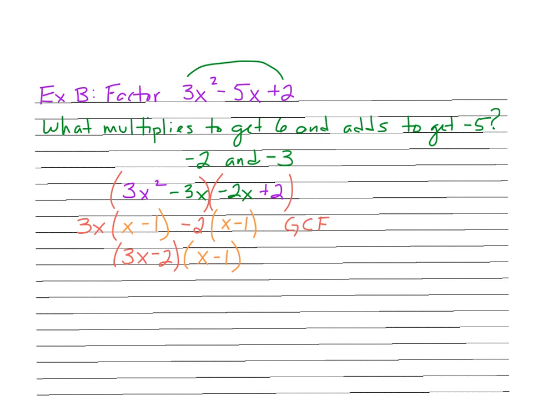Do you want to do another one together, or do you guys want to try on your own? I will take that as a try on your own. On page 19, I want you guys to just do that front page, those 8 questions.